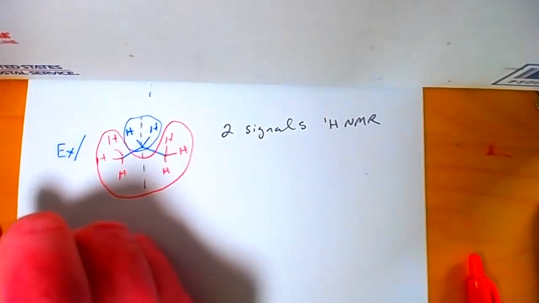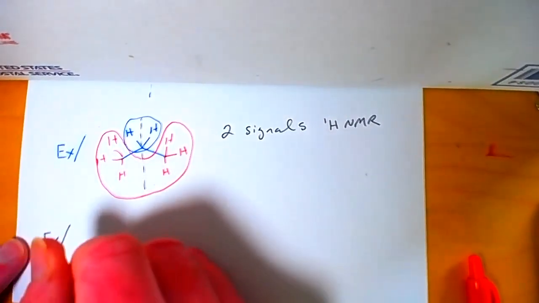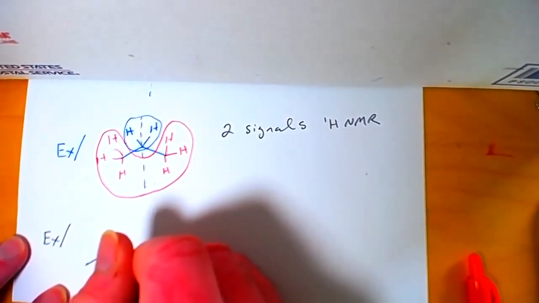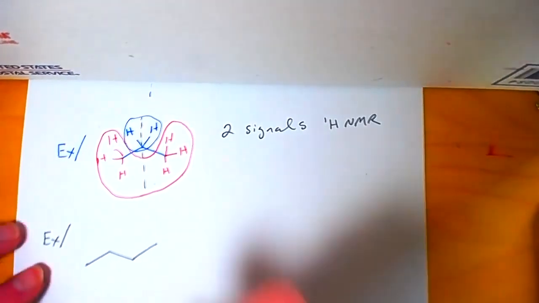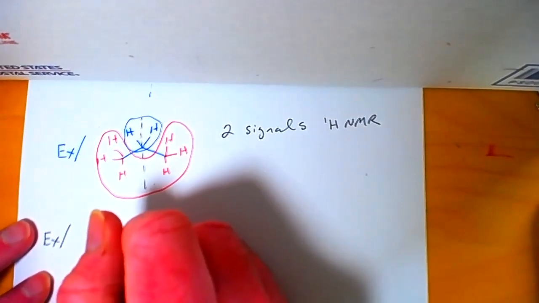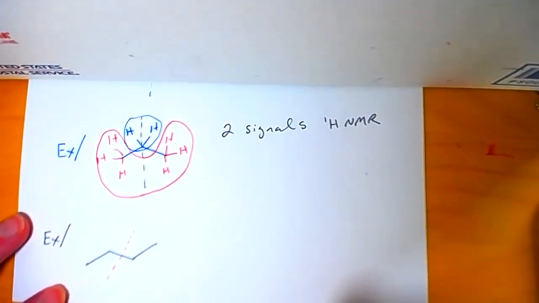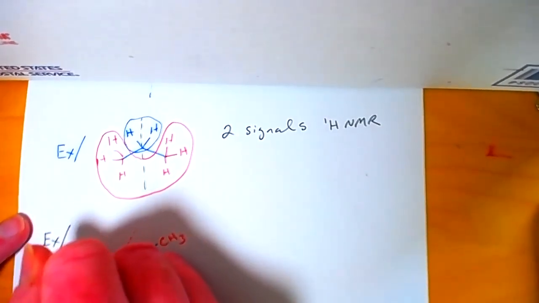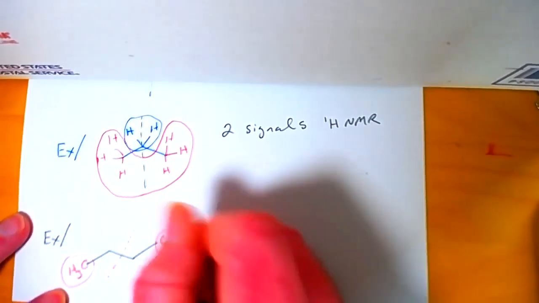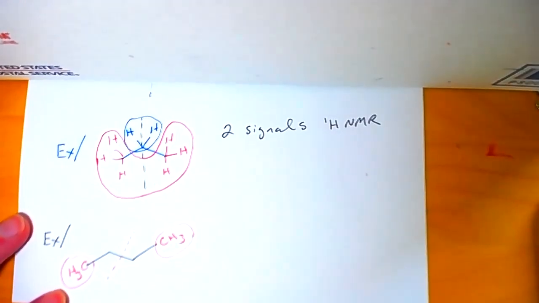Now, what about butane? Okay, so what do you guys think there? Okay, well, again, plane of symmetry in the molecule right here. These 3 hydrogens and these 3 hydrogens here and here, those are all going to show up as one signal.